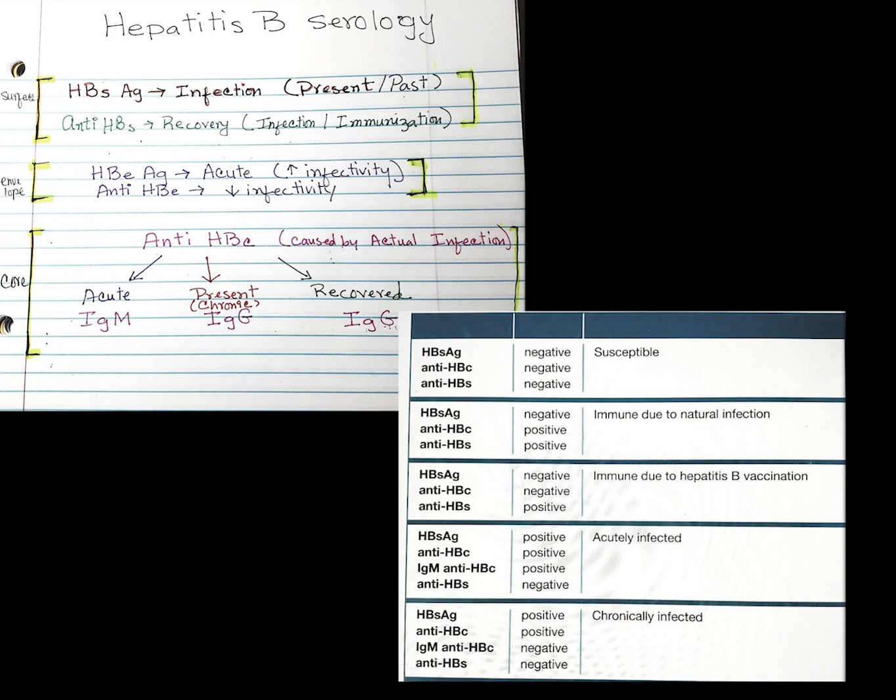If we didn't have any kind of infection, that tells us about the other two serologies. That means we recovered by immunization. This is a very important one. Always remember, if the person gets immunization, it is effective if the antibody of the surface is positive. Very important to remember.